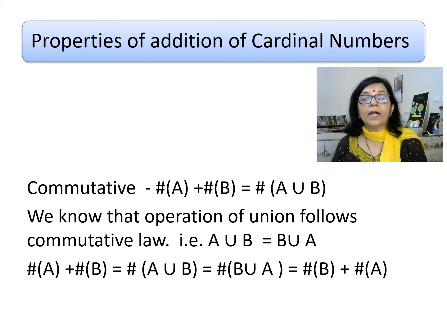Cardinality of A plus cardinality of B is equal to cardinality of A union B. We know that the operation of union follows the commutative law, that is A union B is equal to B union A. So #A plus #B is equal to #(A union B), which is equal to #(B union A), because A union B is equal to B union A. So #(B union A) is equal to #B plus #A.